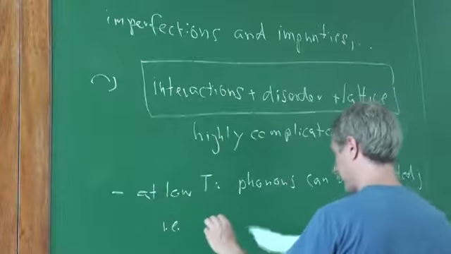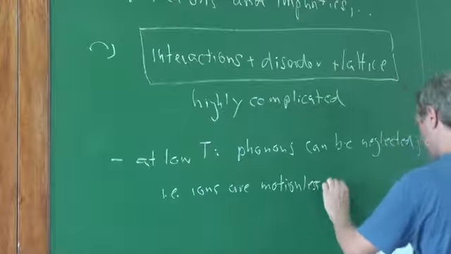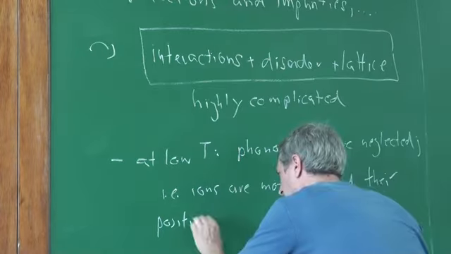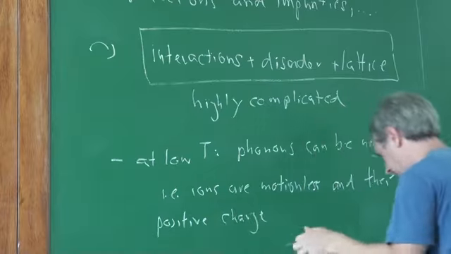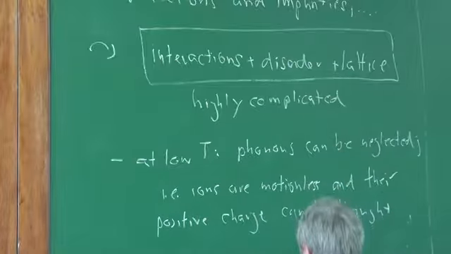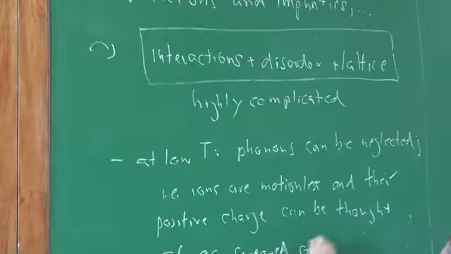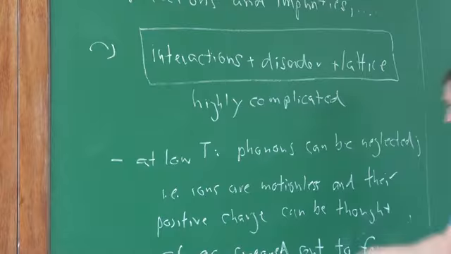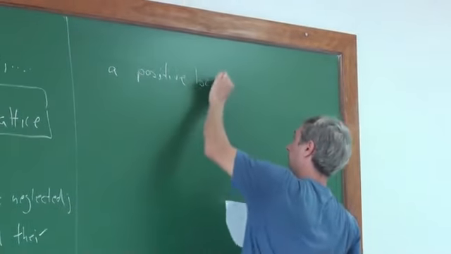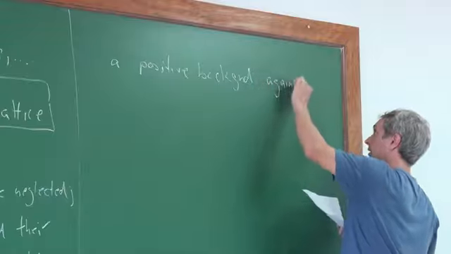We consider the ions to be motionless, and their positive charge can be thought of as smeared out to form a positive background against which the electrons move.